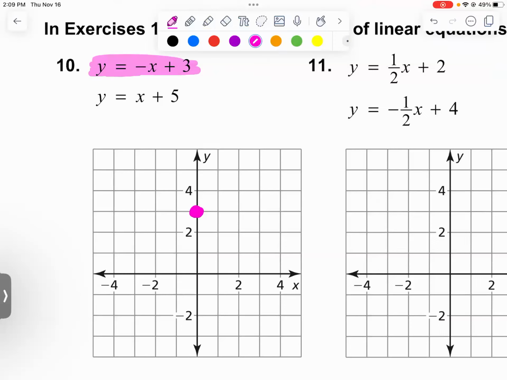Kyron, what's our slope? -1/1. Okay, so we need to make sure that we have a negative slope. If I were you, I would use the straight edge to draw my line.